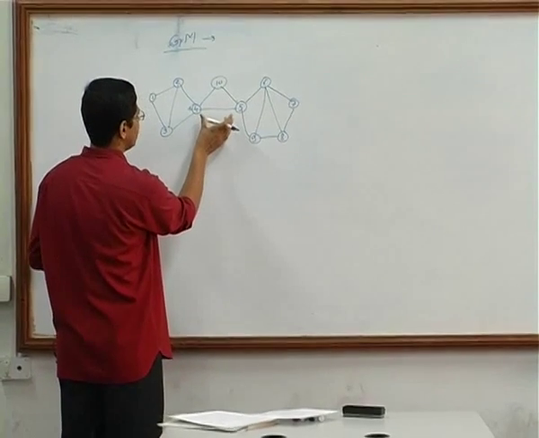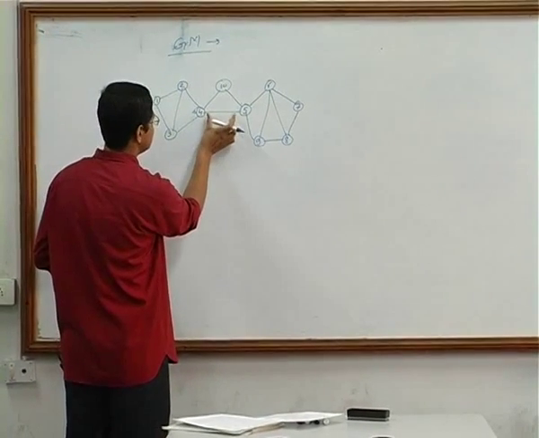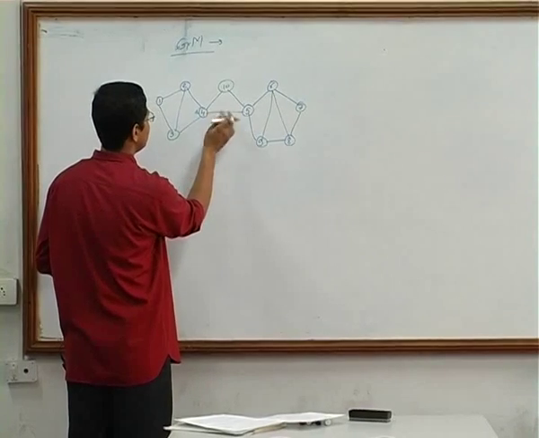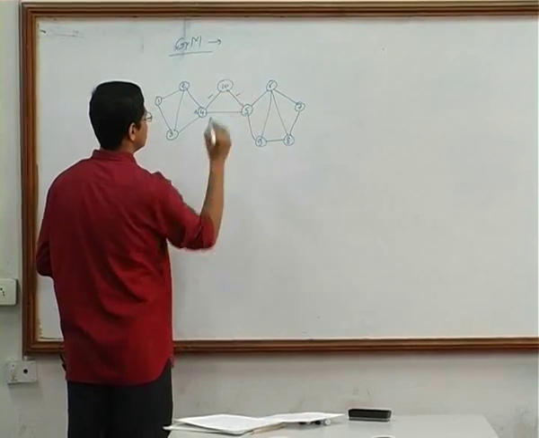In this graph, we see that this edge has more betweenness than this and this edge.